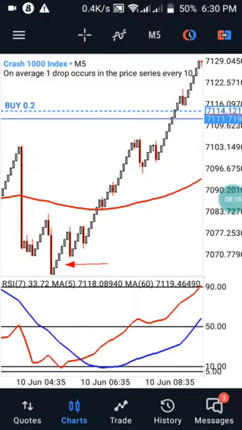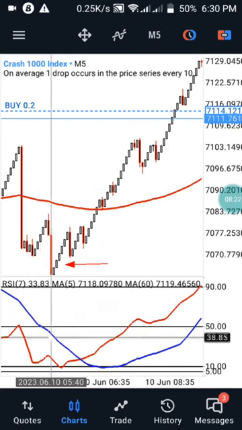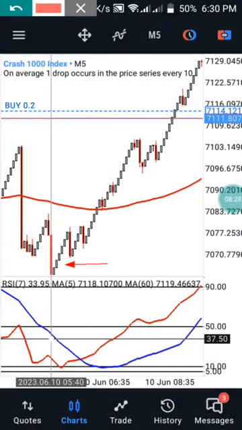You need to wait for that blue line to move below the 50 level. So once it moves below the 50 level, and you can confirm that your blue line has moved below the 50 level, then you have nothing to fear. You just enter the market and keep counting your candlesticks, and you are out of the market.